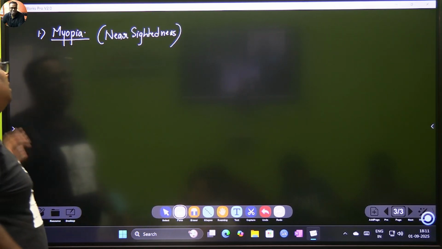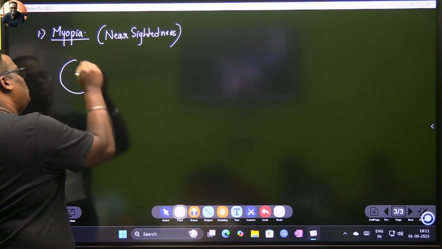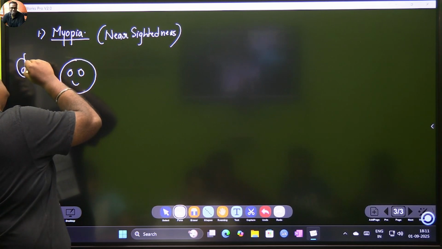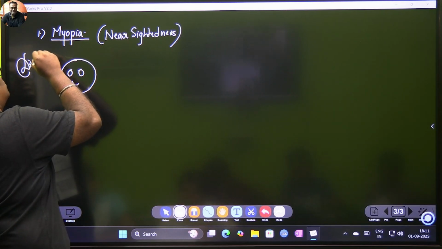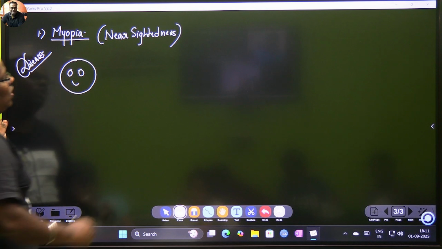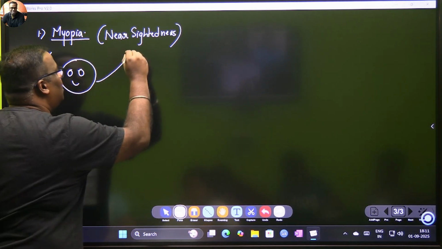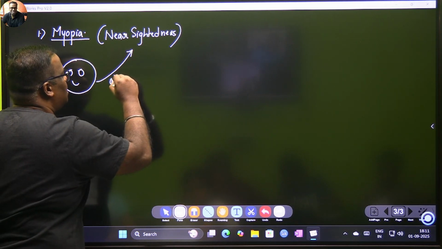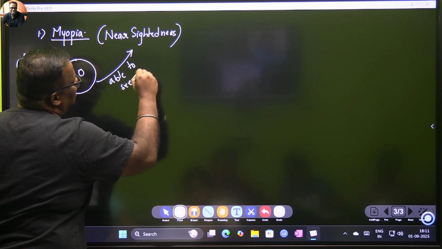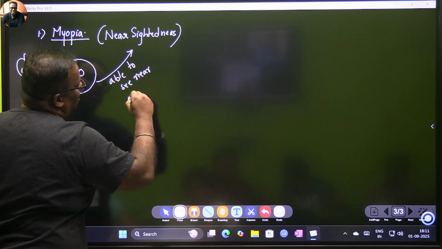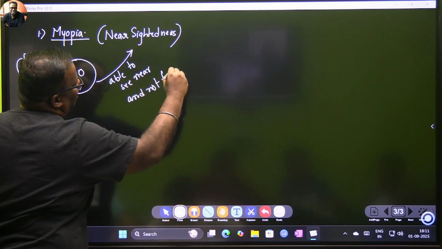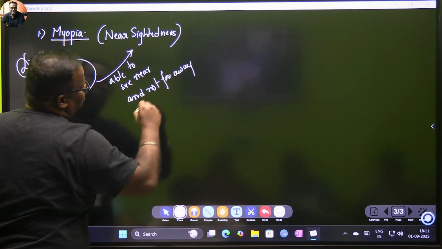And these are actually known as diseases, not just defects. This is an eye disease. If you are nearsighted, you are able to see near and not far away objects.